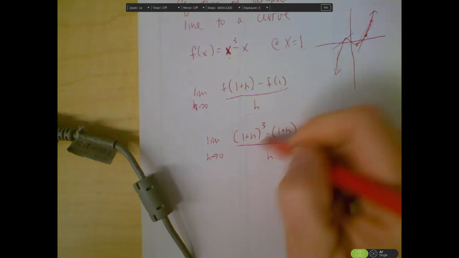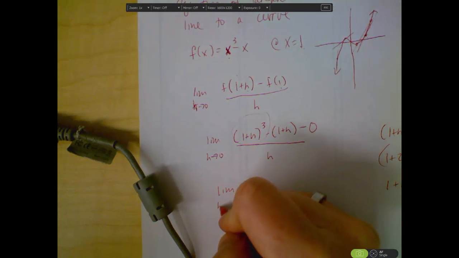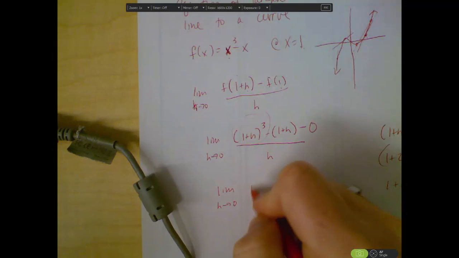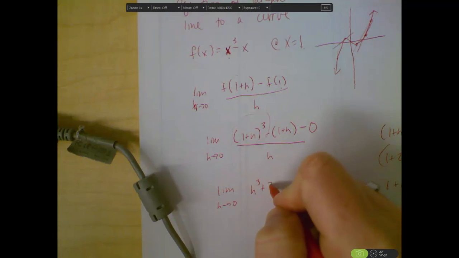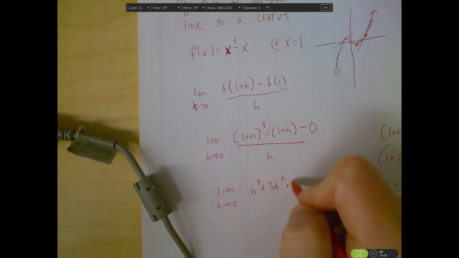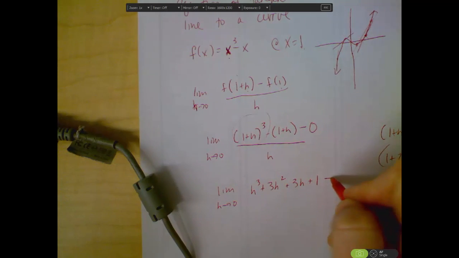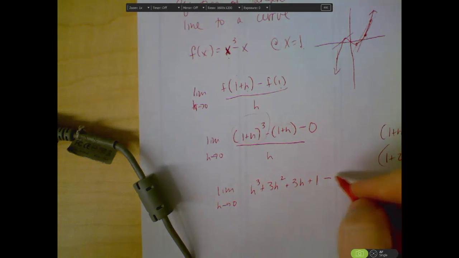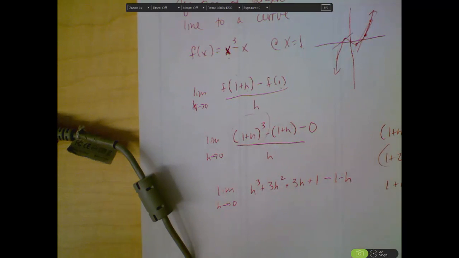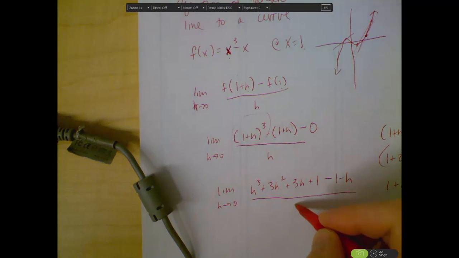So that's this. So now I have the limit as h approaches 0 of h cubed plus 3h squared plus 3h plus 1 minus, don't forget to distribute the negative here, minus 1 minus h. I'm not going to write minus 0 because that's just silly.